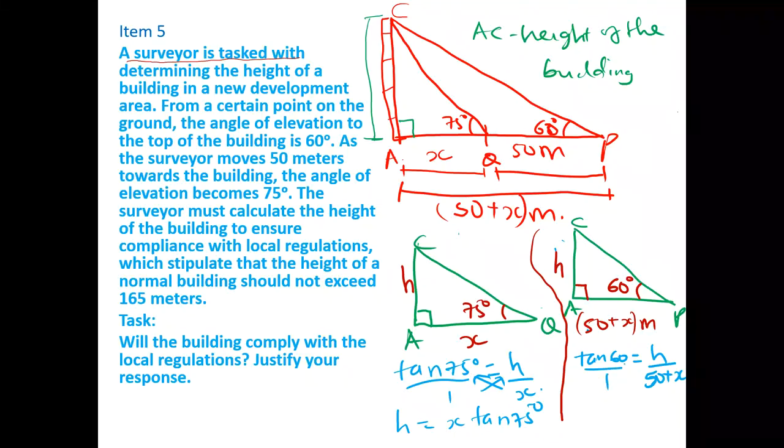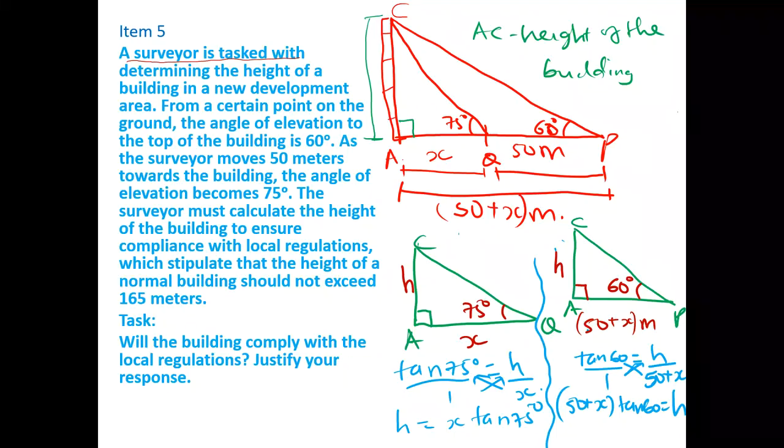Here we shall again cross multiply, and we get 50 plus X, times tan 60, is equal to H. It is better to open the brackets.